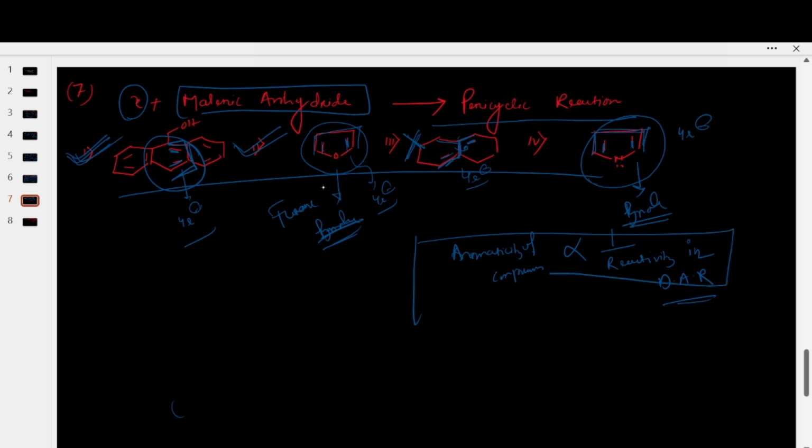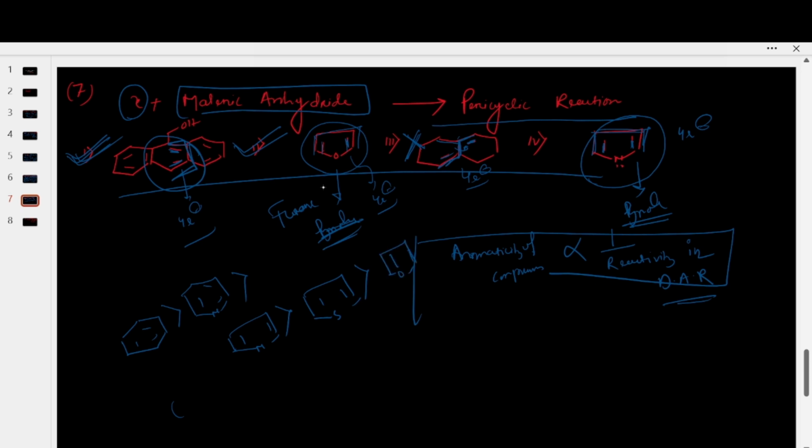So this is the trend. What is the aromaticity order? Benzene is the most aromatic, then pyridine, then your pyrrole, then your thiophene, then your furan.